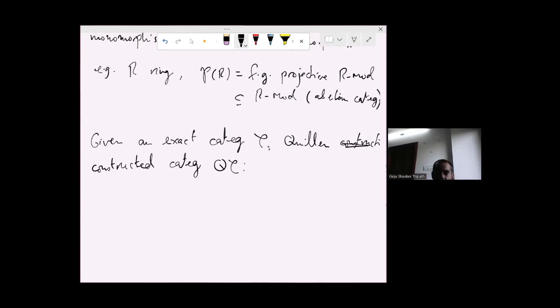It has the same objects as C, and a morphism between two objects is given by an isomorphism class of the following data.